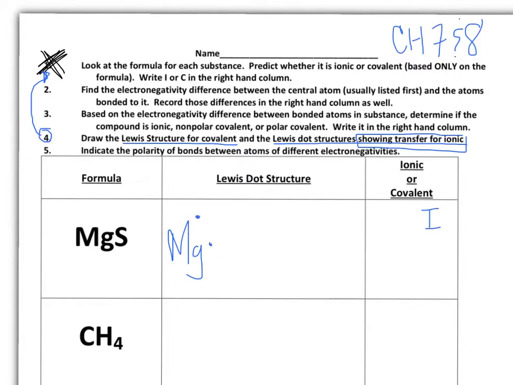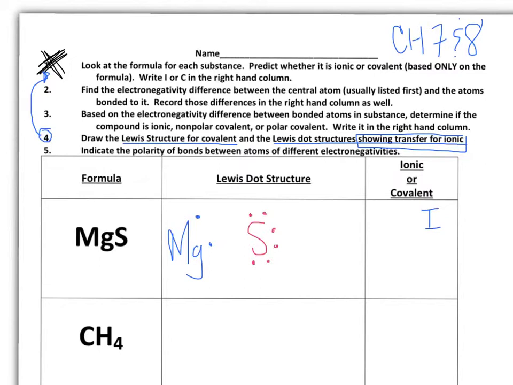Therefore, it has 2 valence electrons. Then sulfur is in family number 6, so it has 6 valence electrons.